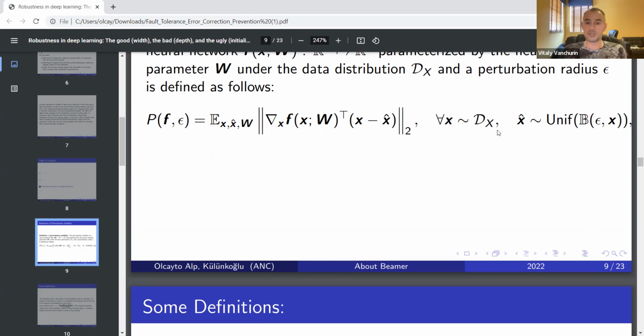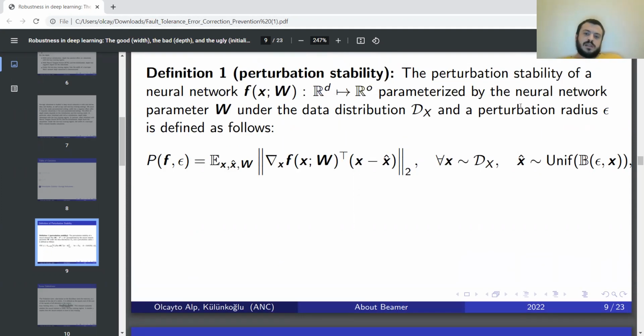And then there is also an expectation value over x. So x should also be drawn from some distribution. I don't understand this. So the x here is from the data distribution. Okay, so both are drawn from a distribution: one is from the data itself, and the other one is from the uniform distribution.